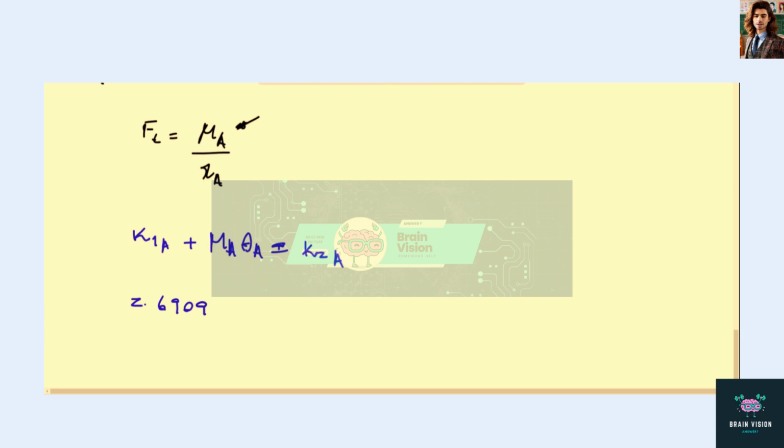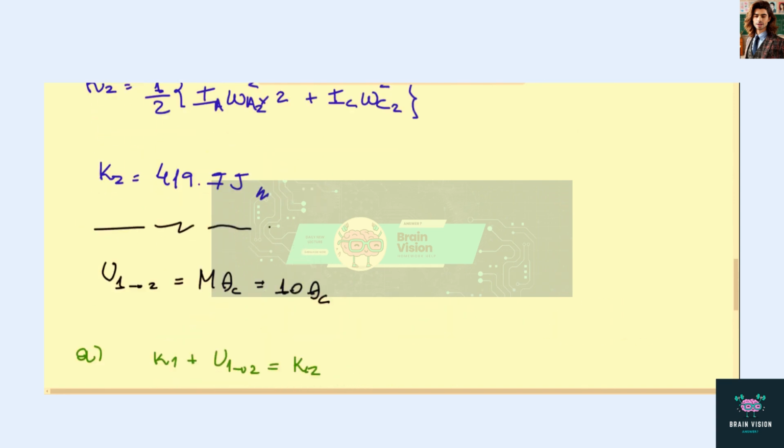Actually, no, 9609. 9609 plus MA that multiplies theta A, that is equal to 59.957. Okay, so what is theta A?